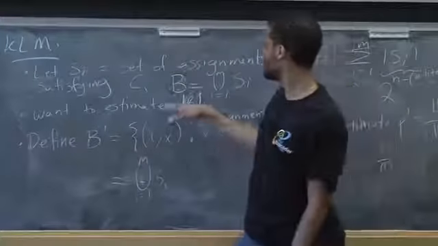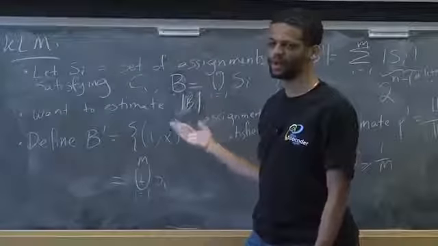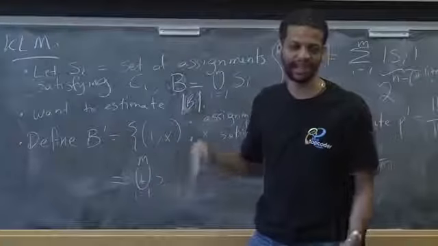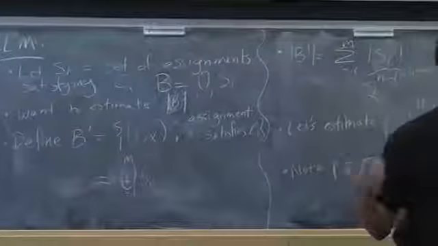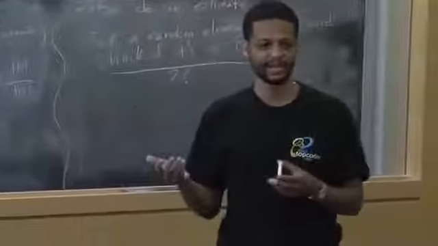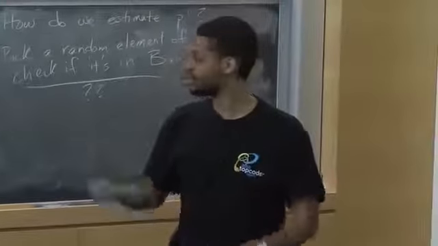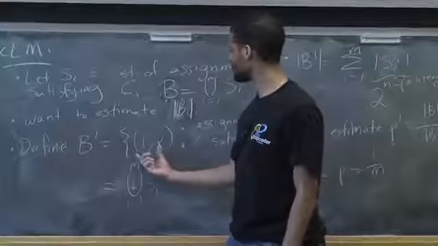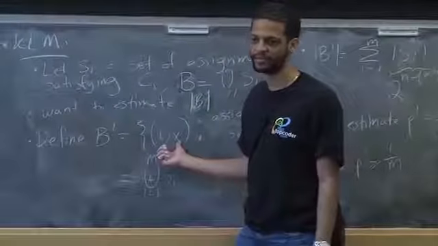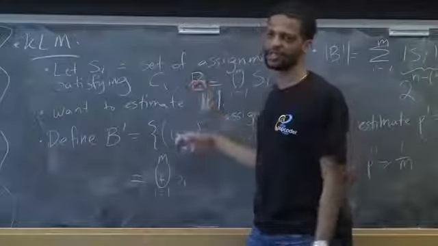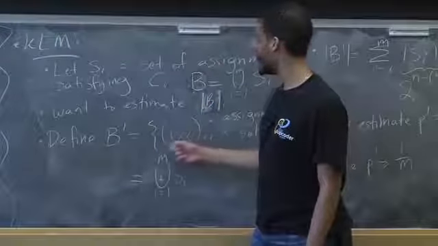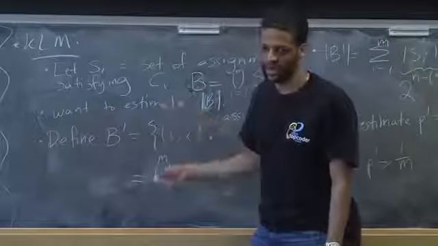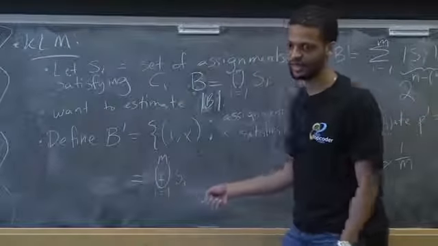What I want is a bijection between B and a subset of B prime, so that it makes sense to check that this element of B prime is in B. So what's the bijection going to be? For every assignment x that appears anywhere in B prime, its representative, which corresponds to it being in B, will be the pair where I is the index of the first clause that x satisfies.